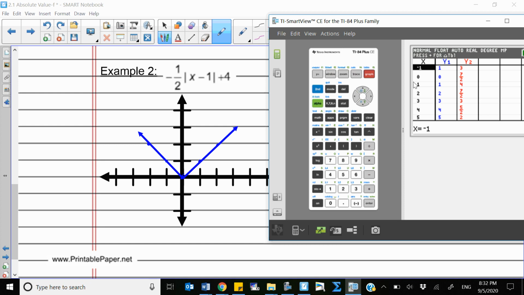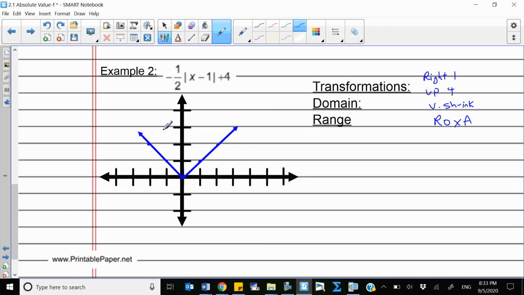So if I have -1 as x, y is 3. And I'm going to use the other one, 1 and 4. So -1 and 3, 1 and 4. -1 and 3 is one of the points. The other one was 1 and 4, which is here.